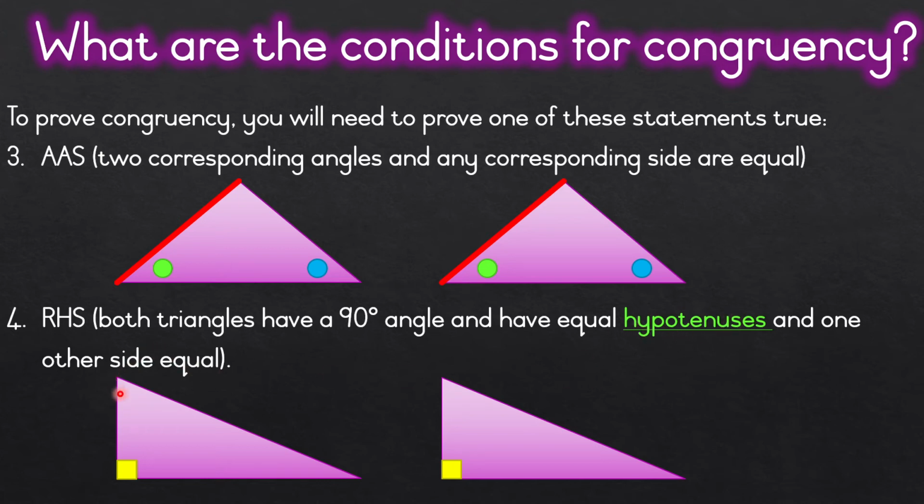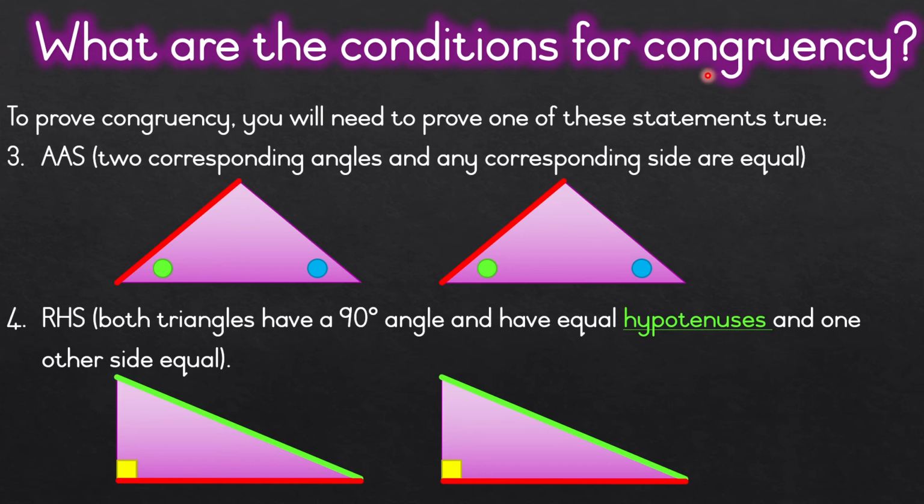The hypotenuse is obviously the side opposite the right angle. So the longest side. They have to be equal to each other. So now we've fulfilled two of these conditions. Our third condition is one other side is equal. So it can be this one or that one. Doesn't matter. But as long as I've got these three conditions, then my triangles are congruent.